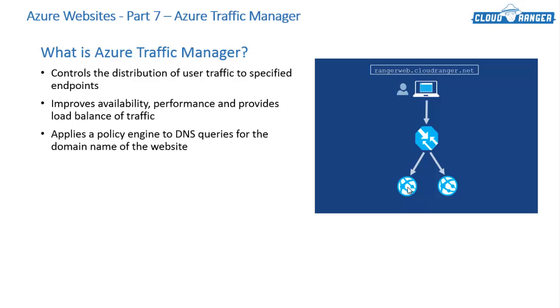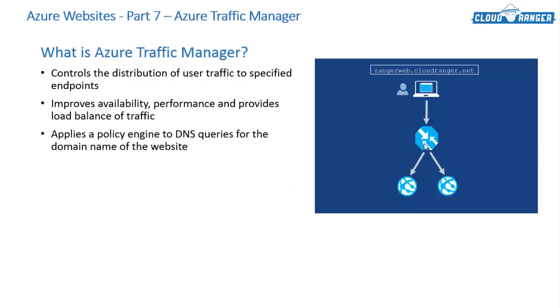If for any reason this server goes down, the user will still be able to go here. Or if there are thousands of users and one server is not going to be enough, it will load balance the traffic and send users to both servers. I'm grossly generalizing to make it simpler, but there's a lot going on in the traffic manager, and we'll go through all of that in the next slides.